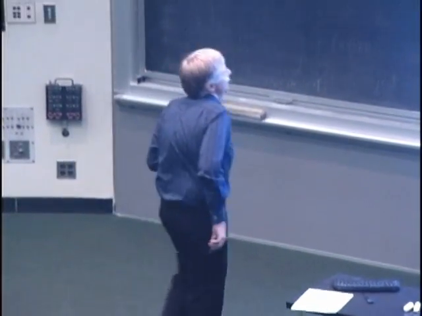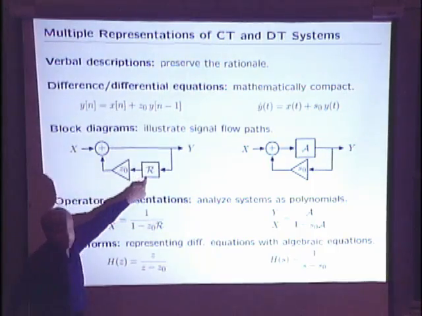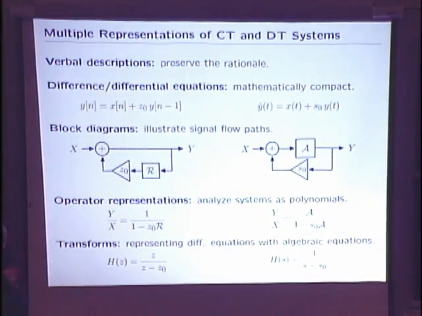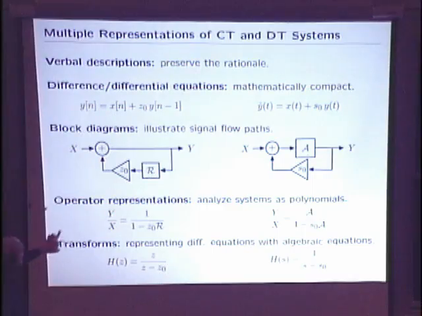Block diagrams, by contrast, are less concise, but they tell you the way a signal propagates through the system on its way from the input to the output. And that can be very helpful for understanding why certain behaviors occur, especially when we talk about things like feedback. We looked at operator representations. They were nice because we could transform the way we think about systems into the way we think about polynomials.